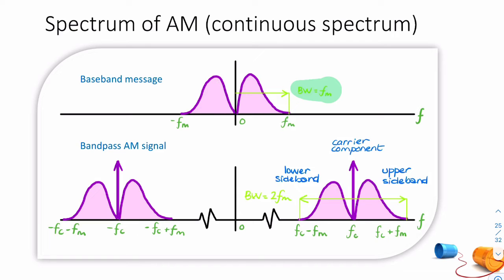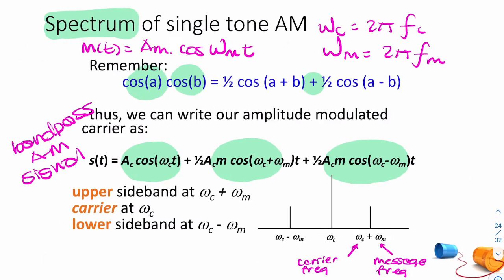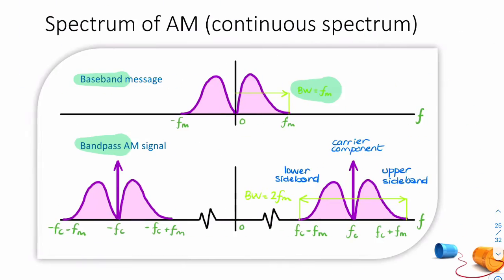Now, after amplitude modulation, we go from baseband to bandpass. Now, remember a second ago, our spectrum looked like this. Really boring. Carrier component, upper sideband, lower sideband. This time, slightly less boring, but it's the same.